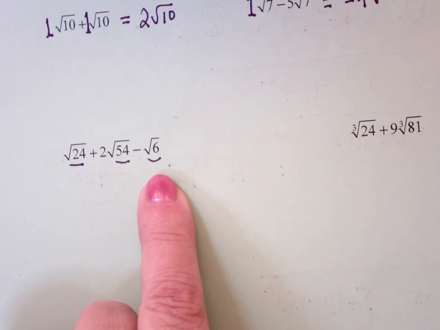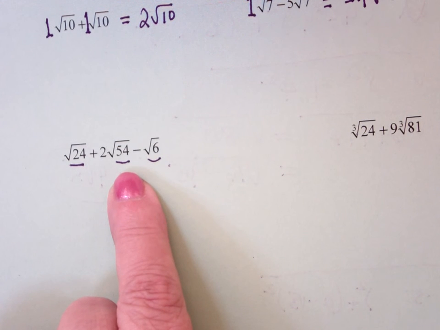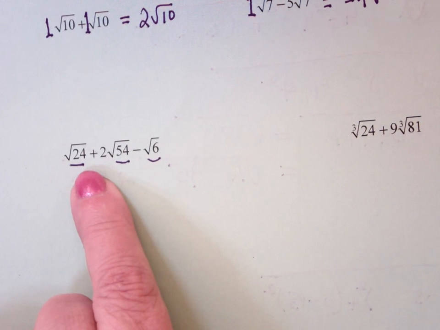Can the square root of 6 be simplified? No. Can 54 be written as 6 times a perfect square? 6 times what? 6 times 9, yeah. And what about 24? 6 times 4.